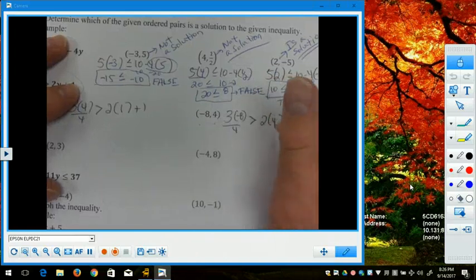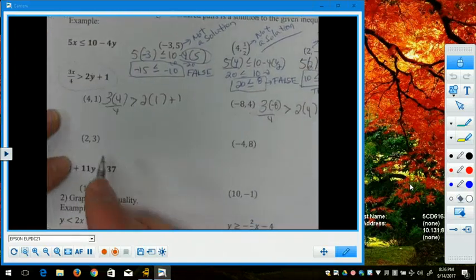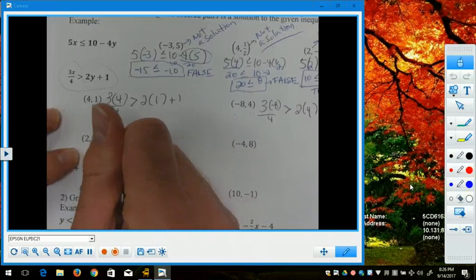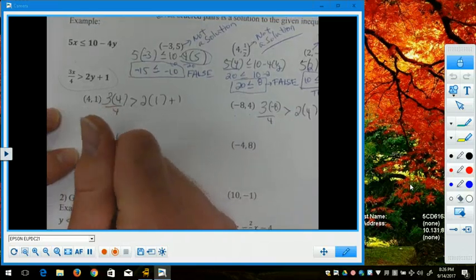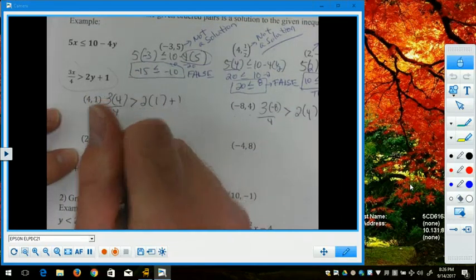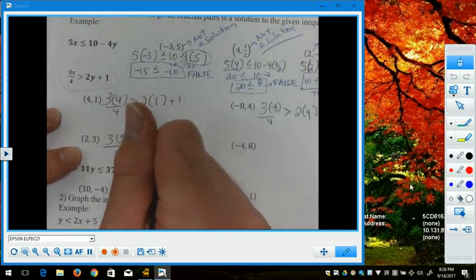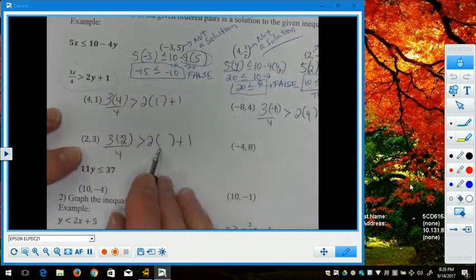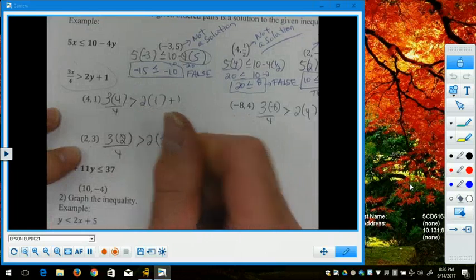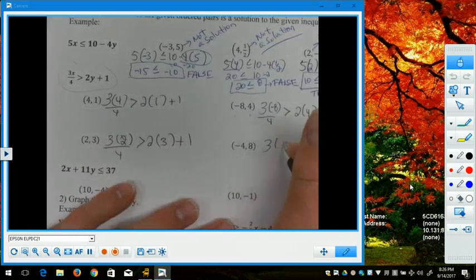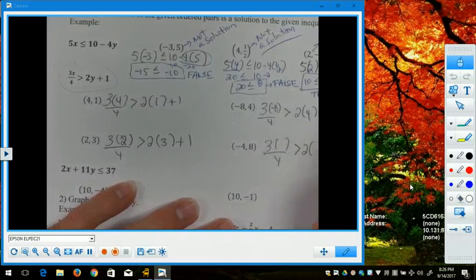Here, my y is 4. Down here, 3x over 4. The x is 2. Is that greater than 2 times y plus 1? The y is 3. And 3x over 4, is that greater than 2y plus 1?